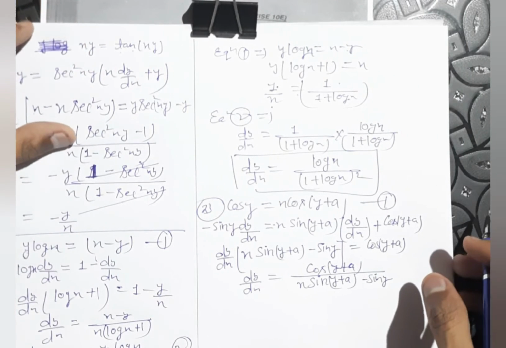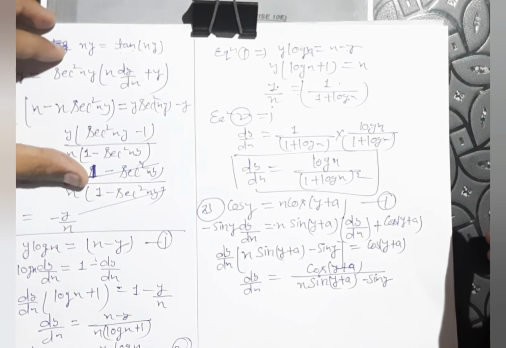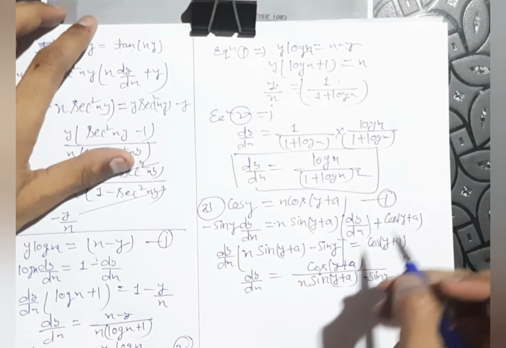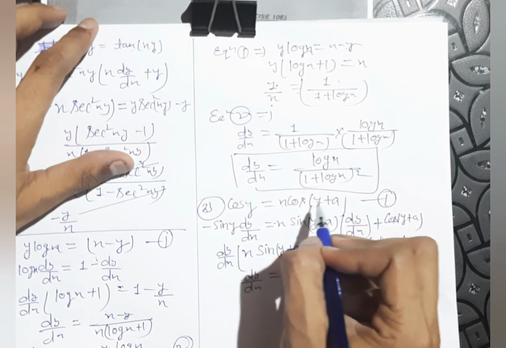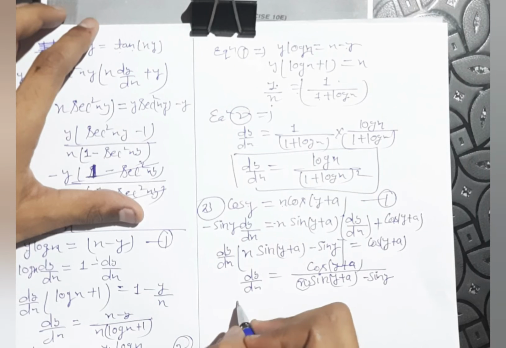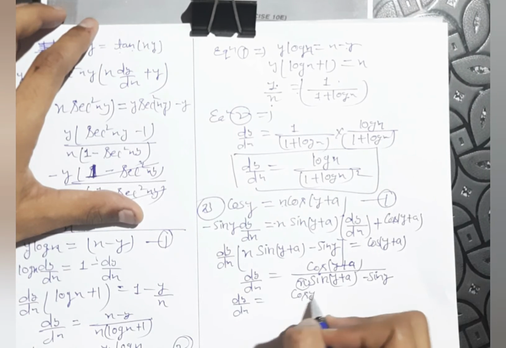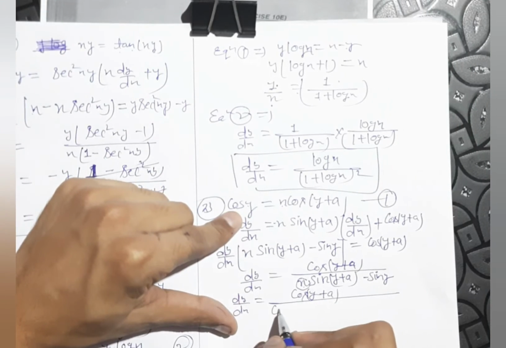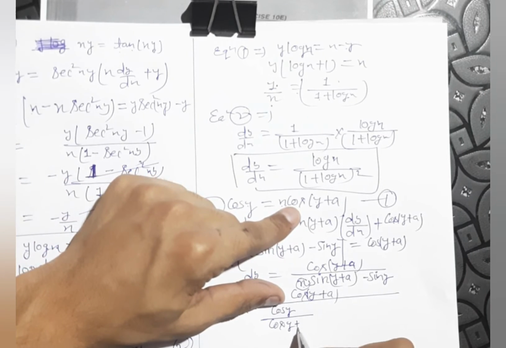Now in order to match our answer with the proof, we can just use equation number 1. From there we can put the value of this x from here. So x is just cos y divided by cos(a + y). Okay, so I am writing the value of x from equation number 1, which is dy/dx equals cos(a + y) divided by x, which is just cos y over cos(a + y).